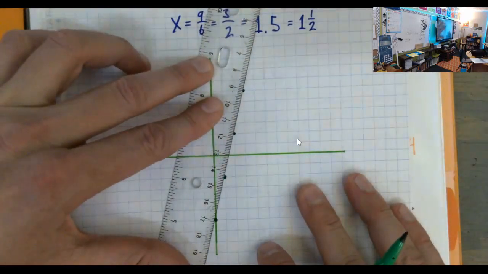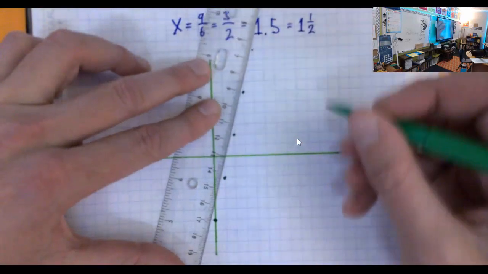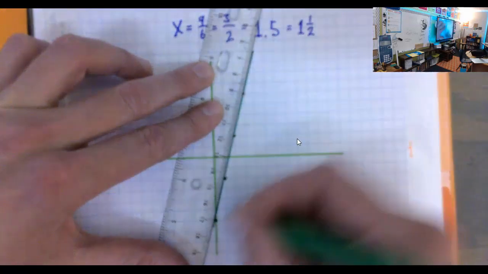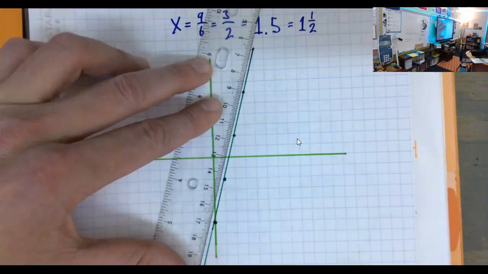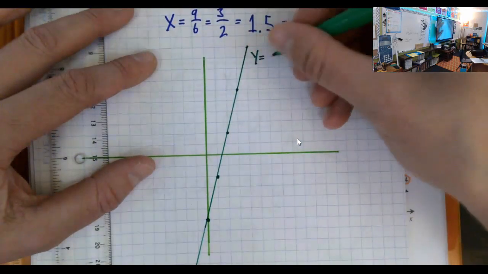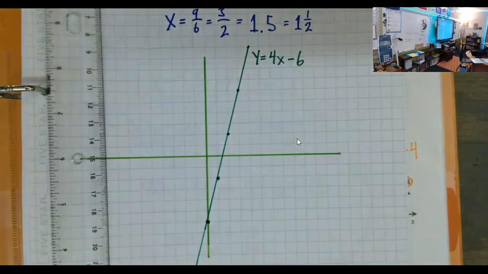Questions on how we graphed that first line? So that was our y equals 4x minus 6.